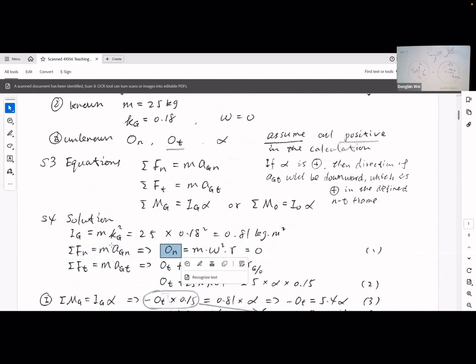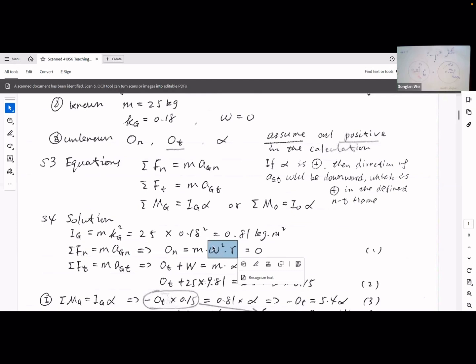On the right side, there should be MAGN, because this is a rotation about a fixed axis at O. So AGN can be expressed using omega squared R. This is from kinematics, and we studied this in week 1.